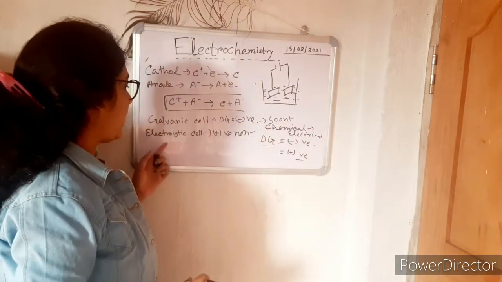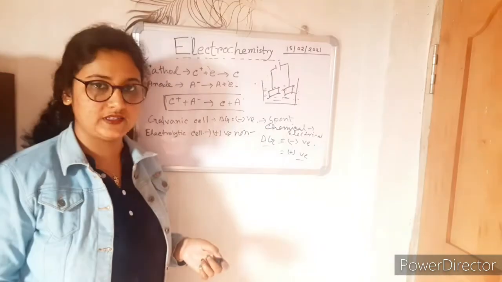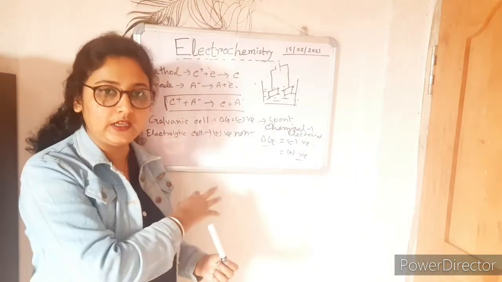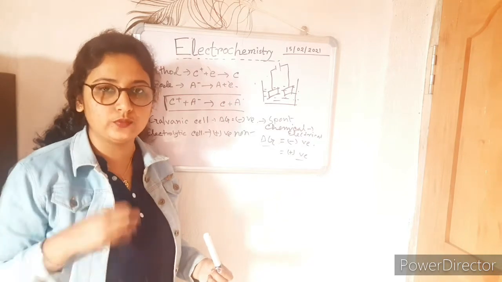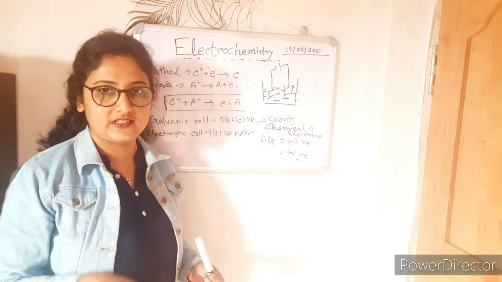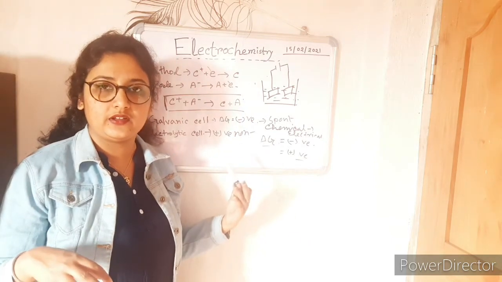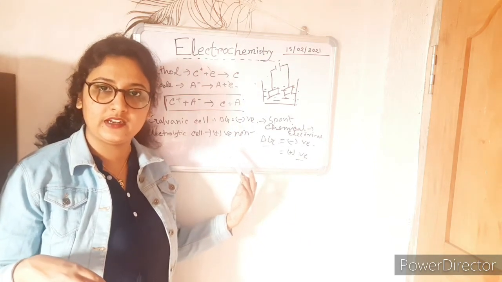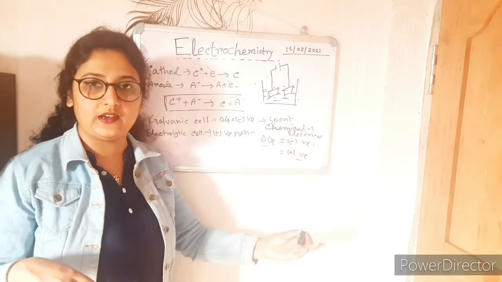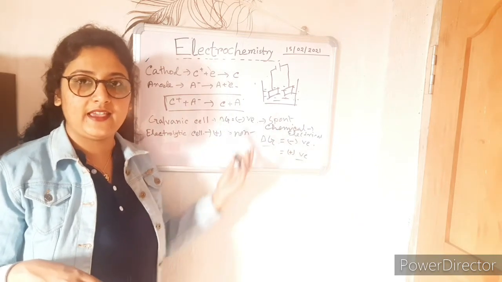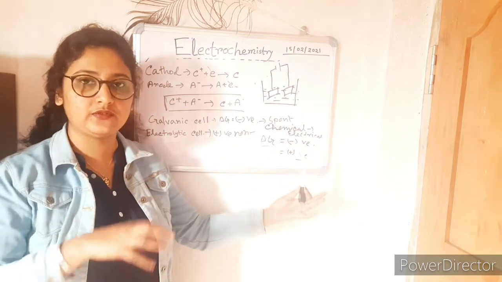But in the case of the electrolytic cell, the reaction is non-spontaneous. That means for this reaction to happen, you have to put in some external energy, and if this energy is electrical energy, then the electrical energy will convert to chemical energy. So by these cells you can convert one form of energy to another.